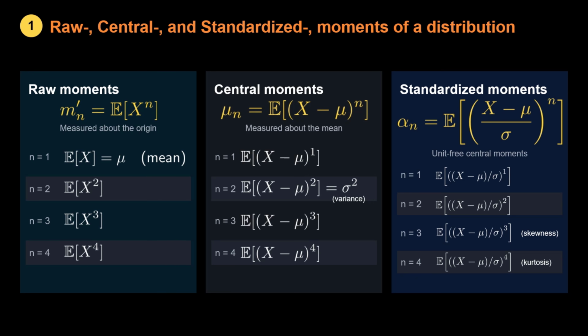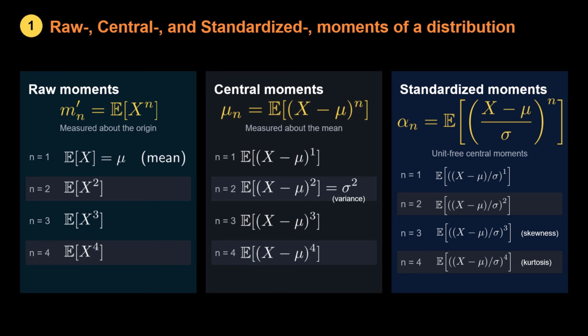Well, notice that they go one step beyond central moments. Whereas central moments, being relative to the mean, account for differences in location, standardized moments, in addition to that, divide by standard deviation. We already mentioned that distributions that are perfectly symmetric have a skewness of 0, and not only is it that their third moment will be 0, but also the fifth, the seventh, every odd moment beyond that.